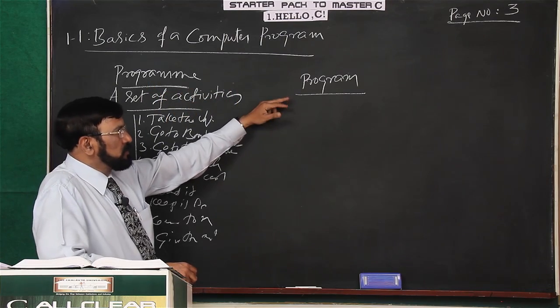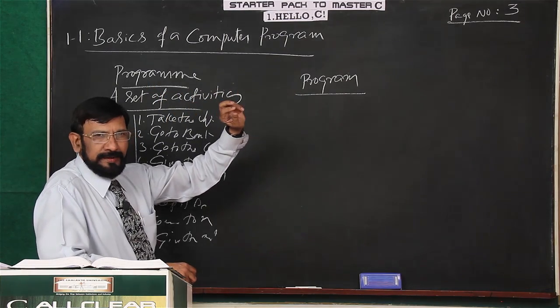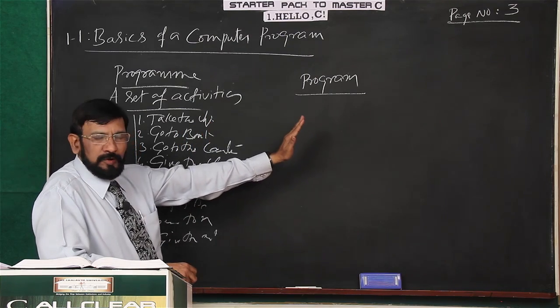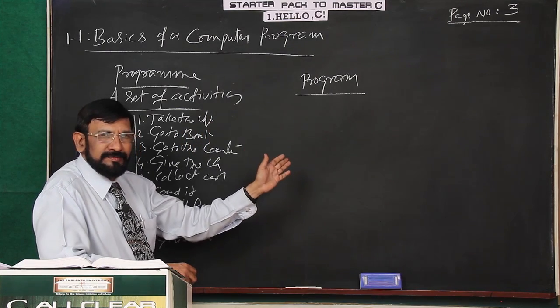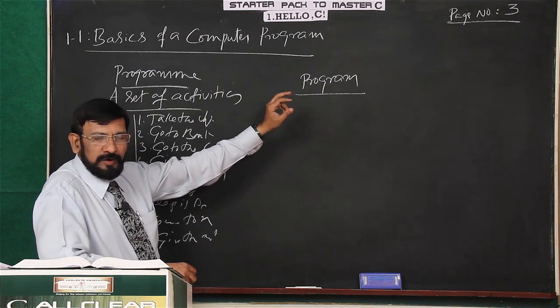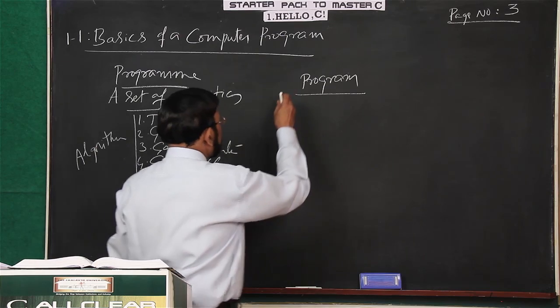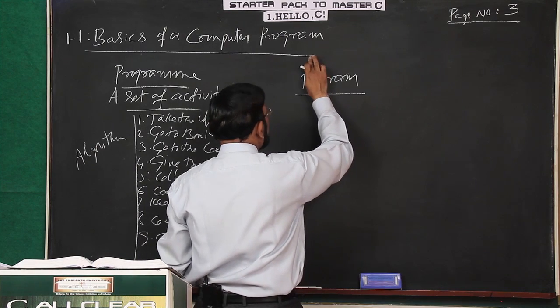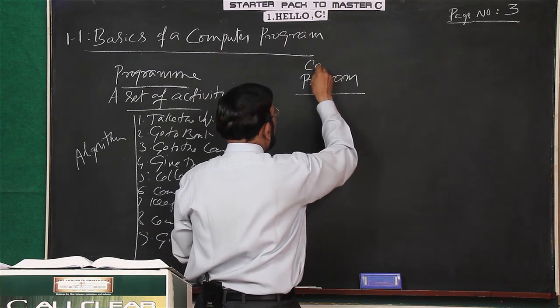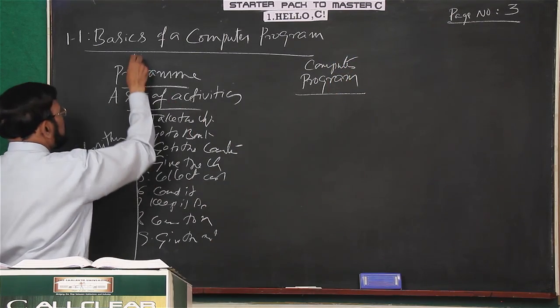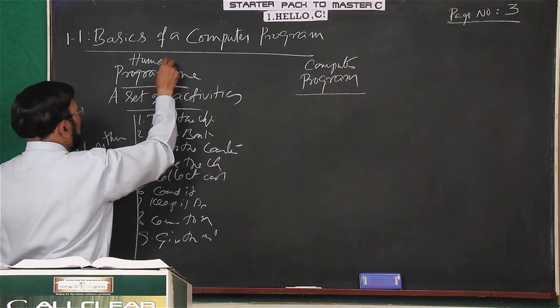And with reference to computers, this word was created, because human program and computer program are alike. That's why they have adopted the same word with a spelling change. So, for the sake of differentiation, let us call it a computer program and let us call this a human program.